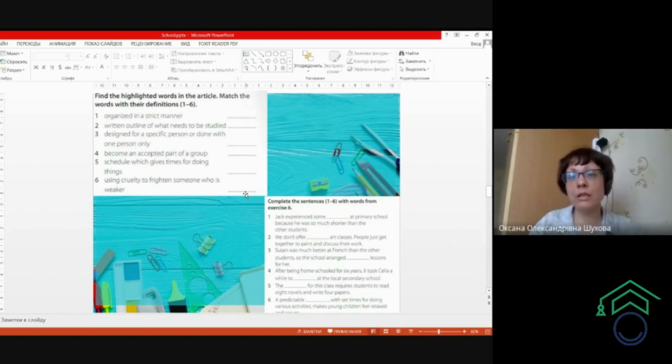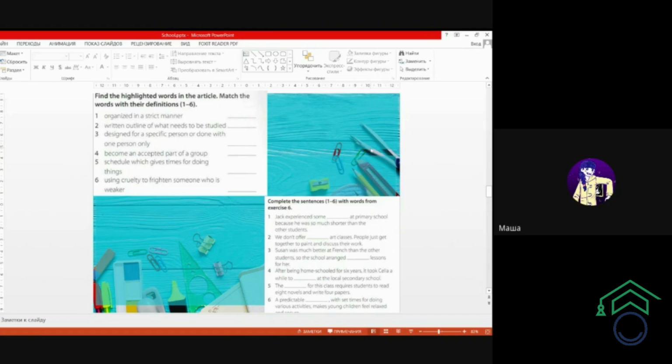Right, thank you. And now using these words, complete the sentences. Jack experienced some bullying at primary school because he was so much shorter than the other students. We don't offer formal art classes. People just get together to paint and discuss their work. Right. Okay. Susan was much better at French than the other students, so the school arranged individual lessons for her. Right.